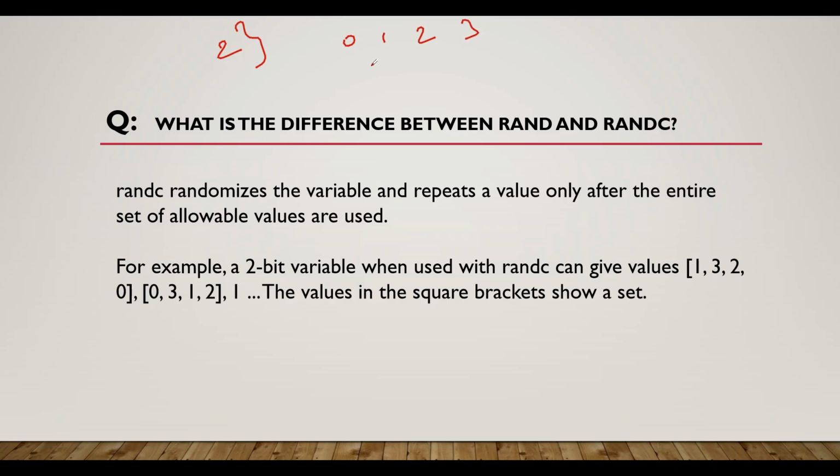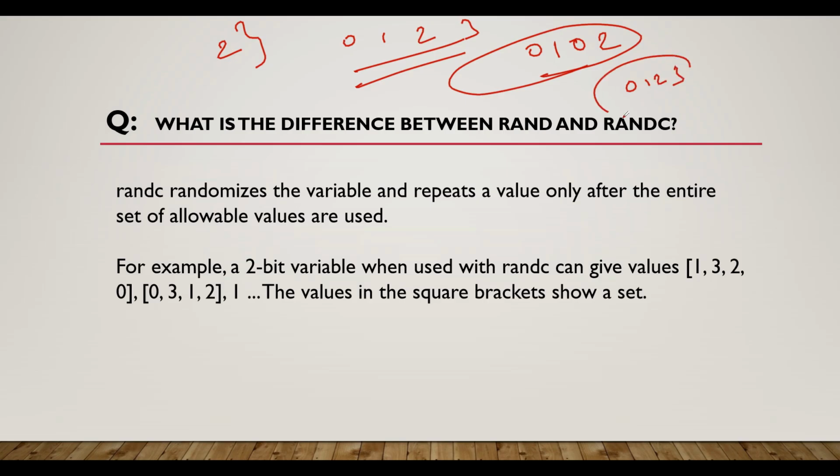With the rand keyword, it might be possible that you get 0, 1, and after that you also get 0. But in randc, you will compulsorily get a unique value. And once the whole set of values has been exercised, you again get unique values, like 3, 2, 1, 0. This way randc will execute. Randc doesn't have a repetitive value.